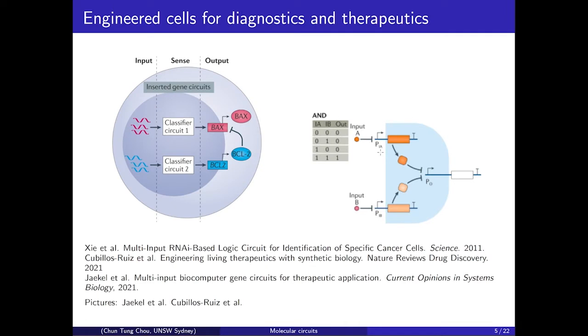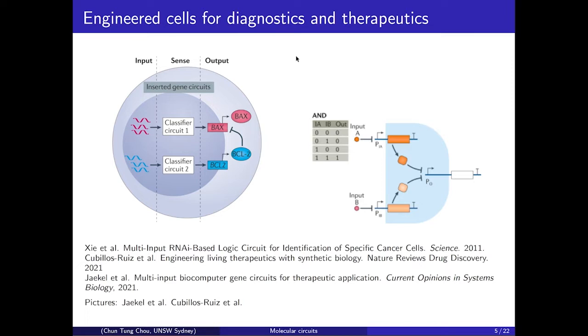The second example that I want to show you is engineered cells for diagnostics and therapeutics. In this example, I want to show you a more complicated type of chemical reactions, or more complicated computations, that can be carried out by these cells. A cell may have a certain disease if two specific biomarkers are present.